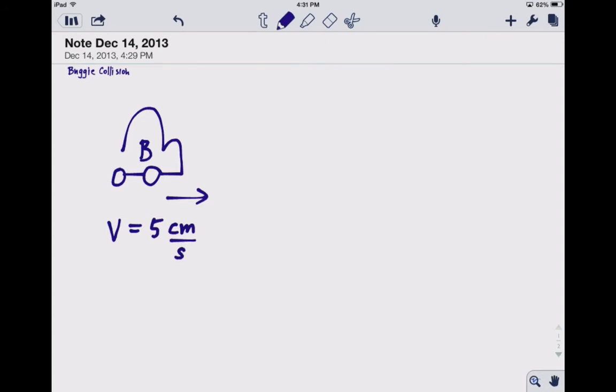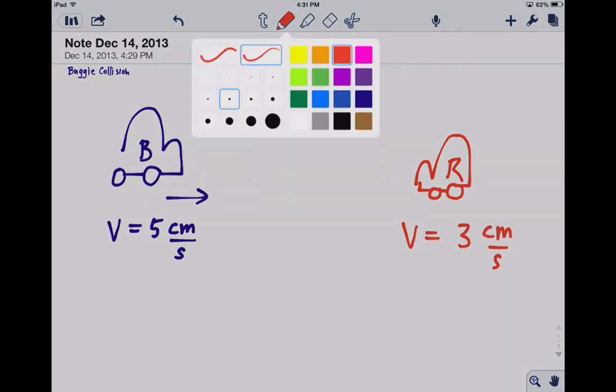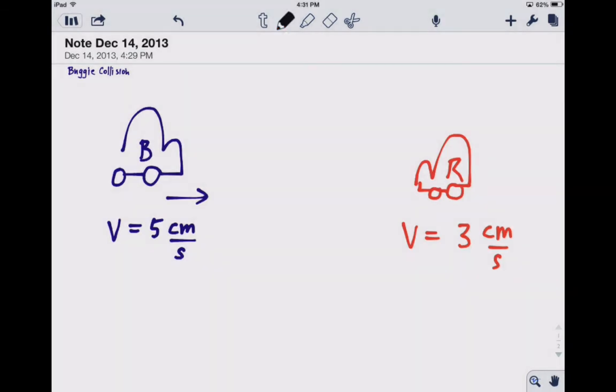On the other side, a known distance away, we have a red buggy, and the red buggy travels at 3 centimeters per second. I'm going to start them 80 centimeters apart.